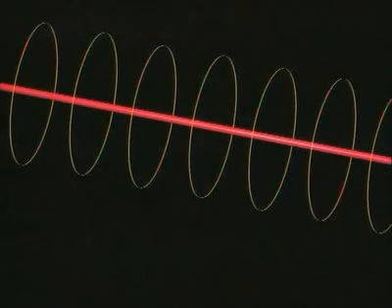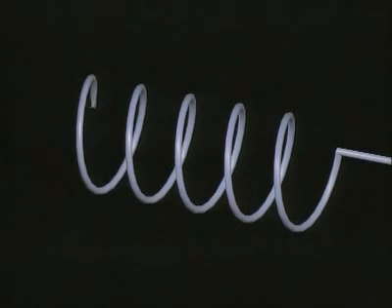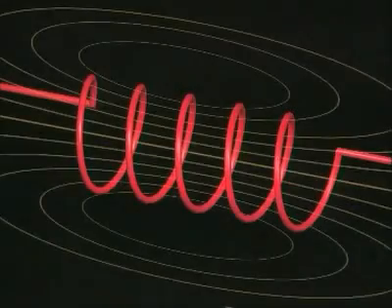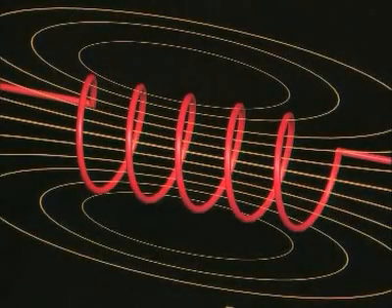When a current flows through a conductor, it generates a magnetic field, the strength of which is proportional to the current. If the conductor is coiled, the magnetic field inside the coil is amplified considerably. Now, the strength of the magnetic field is dependent not only on the current, but also on the number of turns in the coil. The more turns, the stronger the magnetic field.